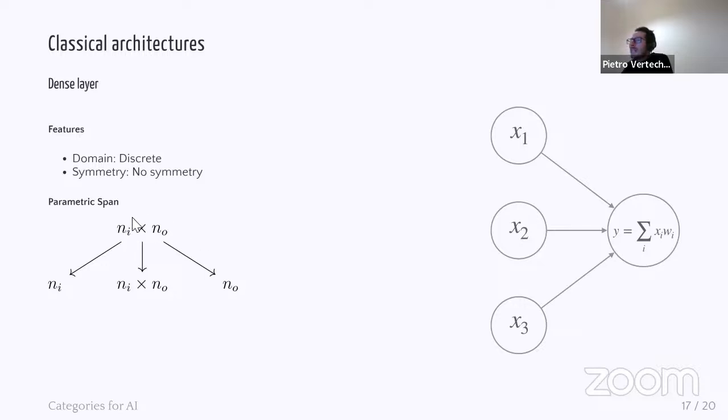So we have n_I times n_O edges, and the weights are free to vary independently. So in practice, this map is trivial, it is the identity. This is what happens when there's no structure, no symmetry. And so this is basically the parametric span that corresponds to matrix multiplication on a finite dimensional space.